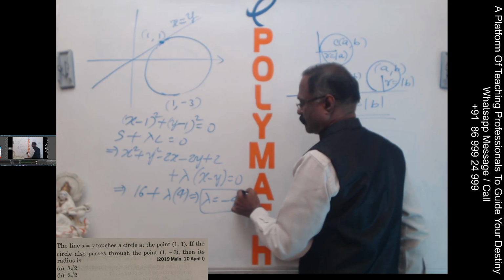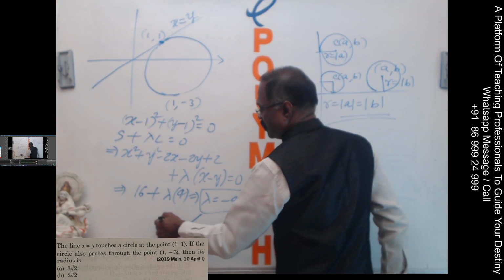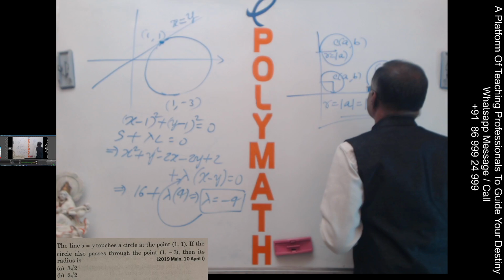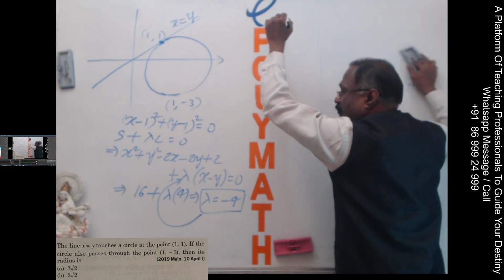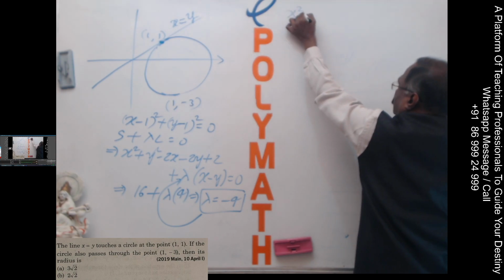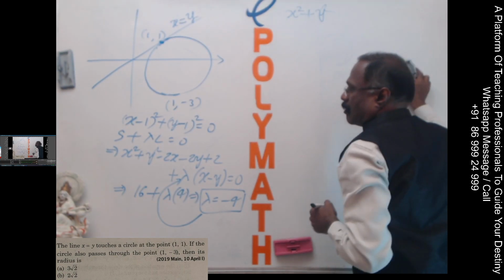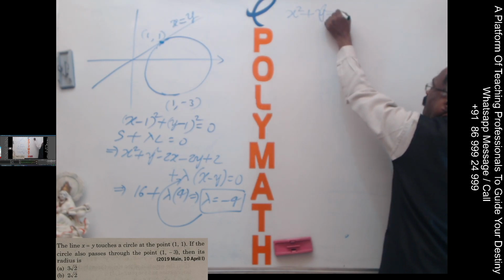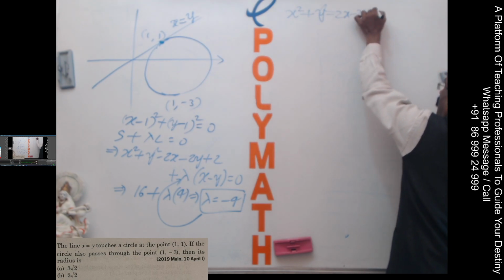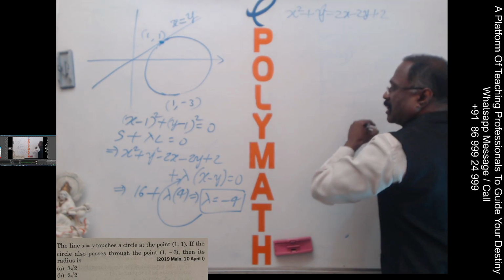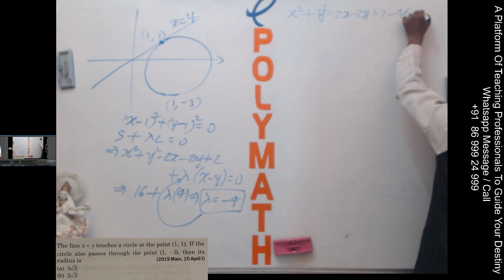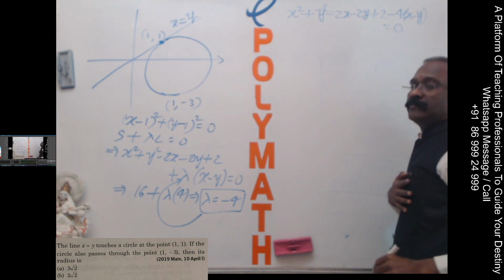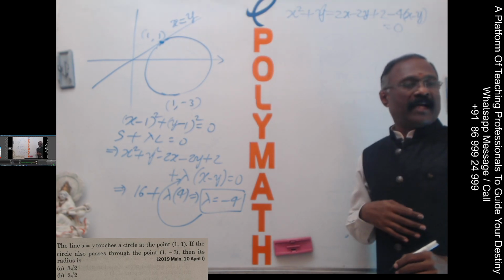Substitute that lambda here. Then what is the equation of the circle you will get? x square plus y square minus 2x minus 2y plus 2 minus 4 into (x minus y) equal to 0.